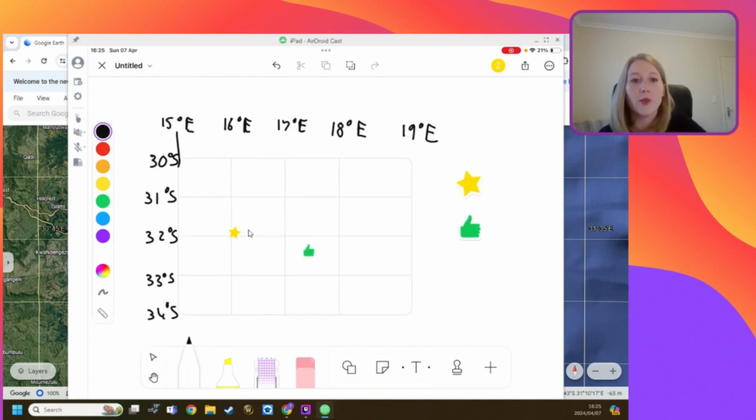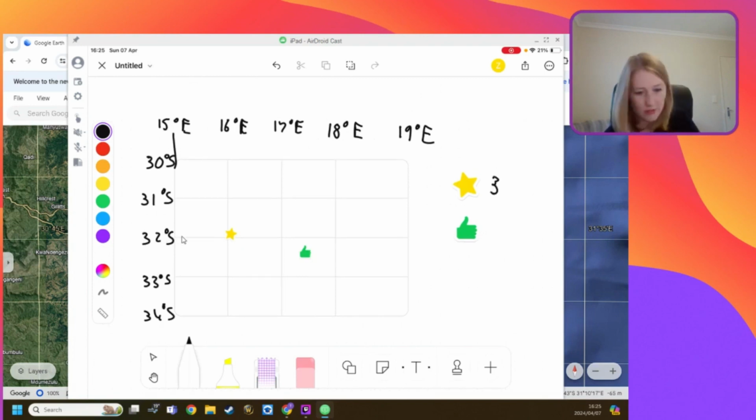When we find coordinates, we always start with north-south. So how far, see we're not in the north, we're in the south. So how far south are we? You find where the star is, you follow the line of latitude, see the 32 degrees south. There's the start of our answer.